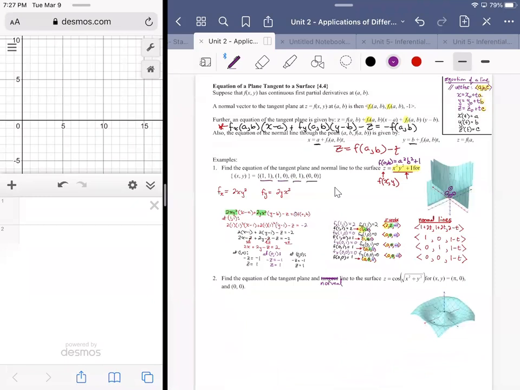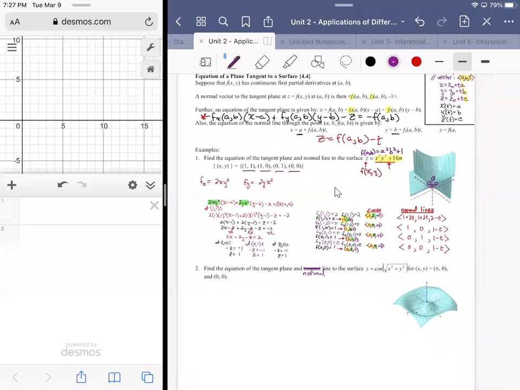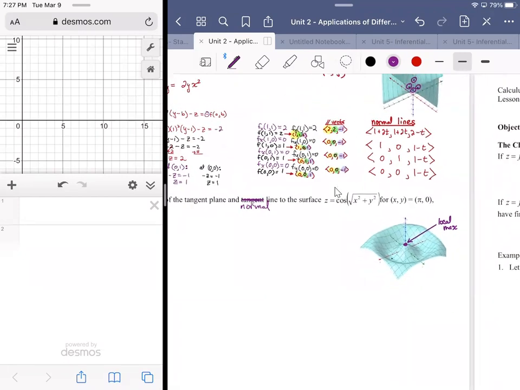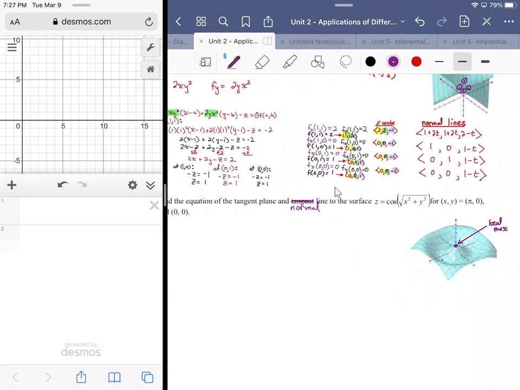But here, there's pretty clearly a relative max. This looks like a local max. Now, there might be a local minimum in there also, somewhere along the way.